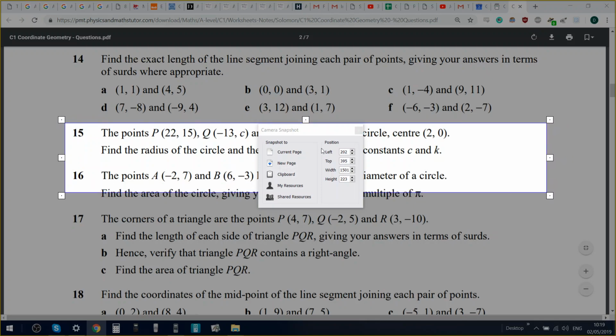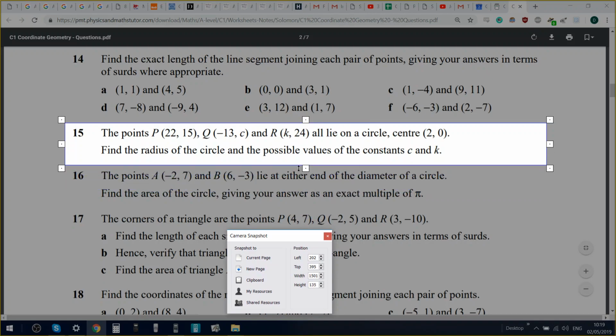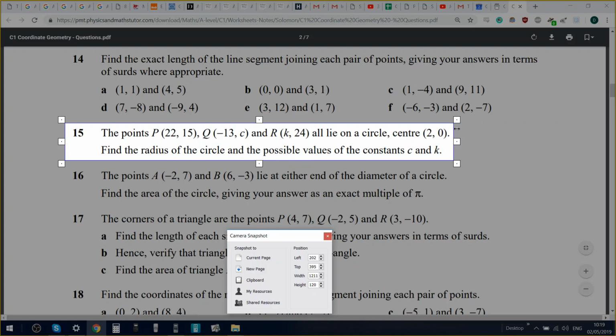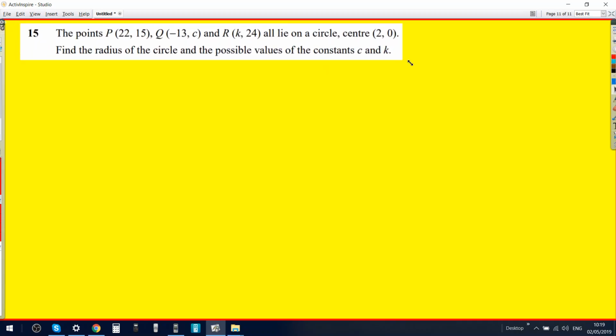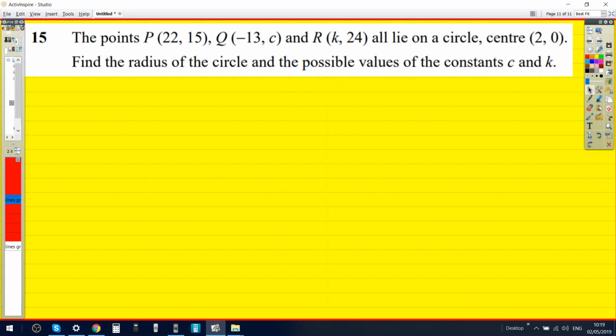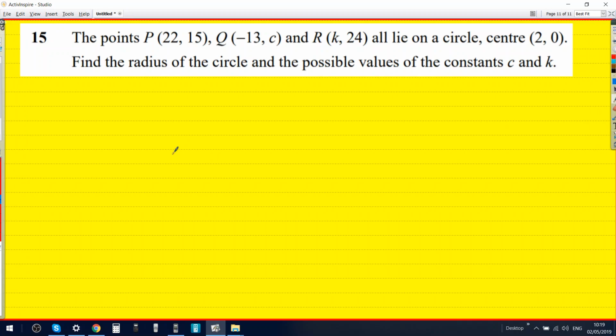So this goes over to circles a bit. Struggling a bit with this.